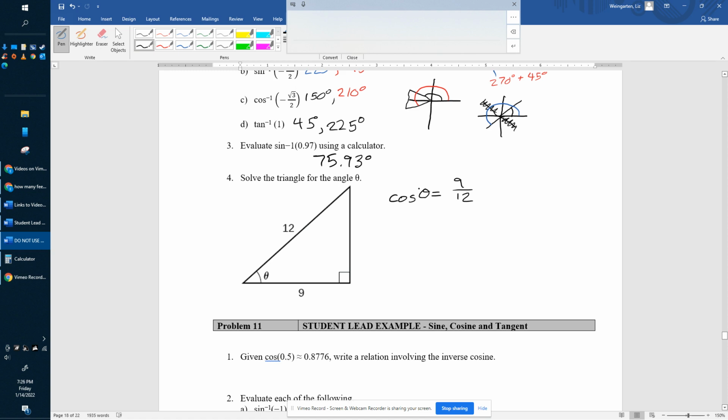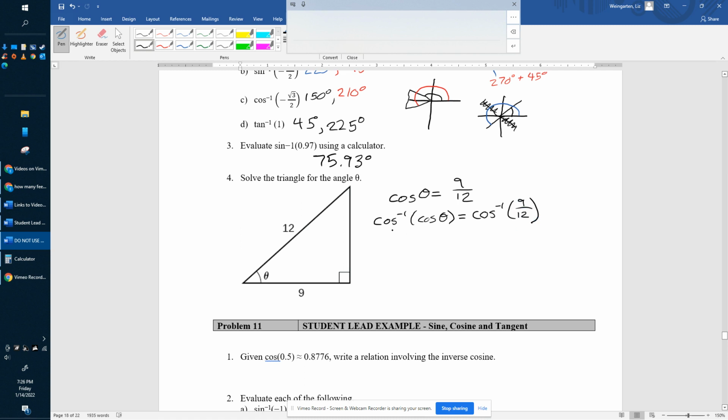Now, in order to get theta all by itself, we have to take inverse cosine of both sides. So inverse cosine of cosine theta equals inverse cosine of 9/12.